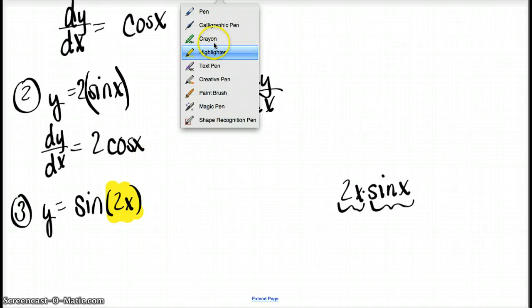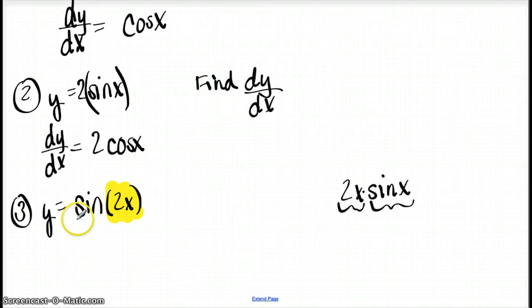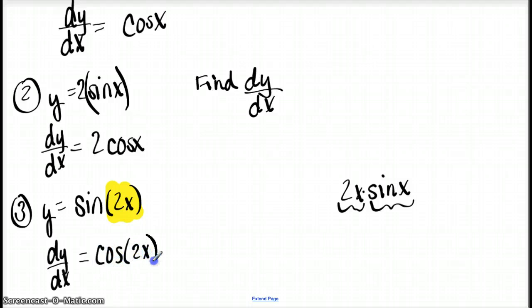So essentially I ignore that piece and say, okay, well, what would the derivative of sine of x be? Cosine x. But it's not cosine x, it's going to be cosine of 2x. So I keep this piece the same, I derive this piece. Does that make sense? And all I have to do now is derive this piece, so I multiply everything by 2.